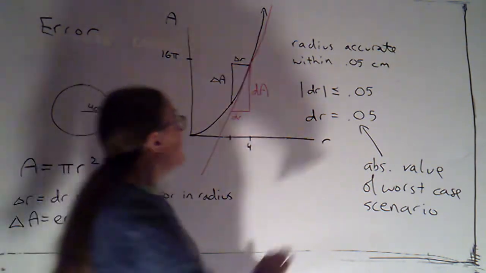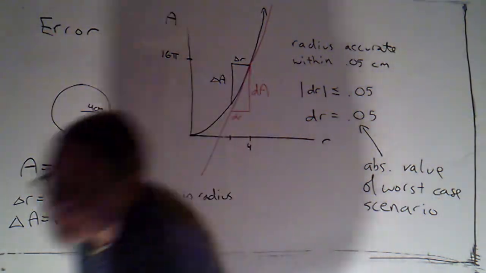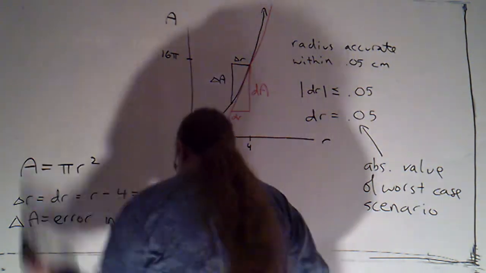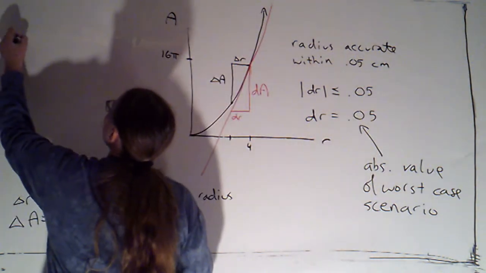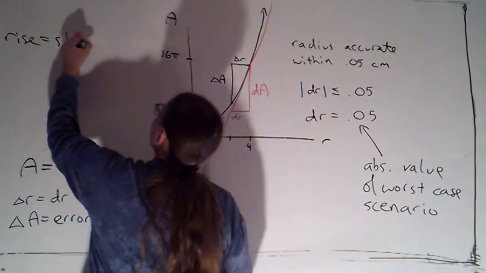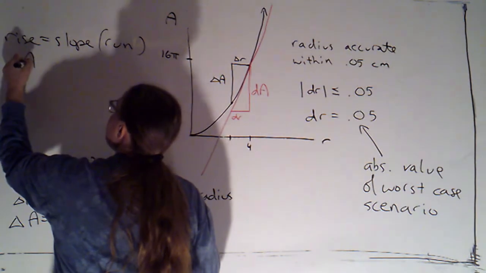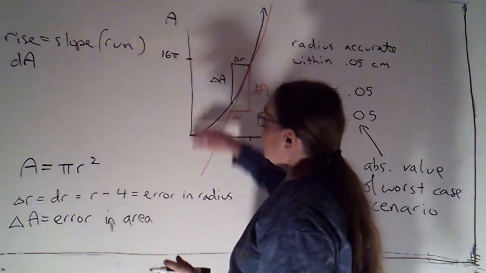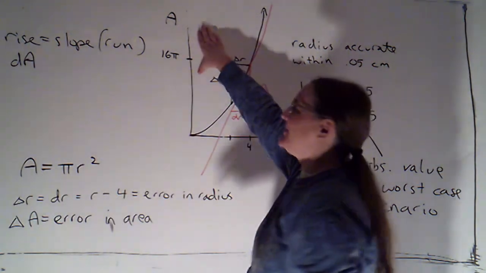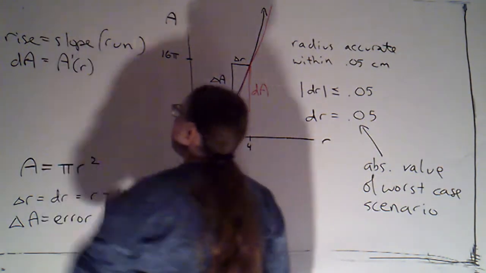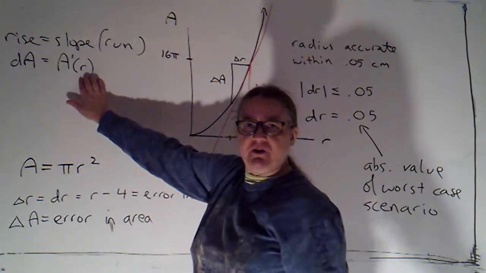Okay, so I know that rise is equal to slope times run. So that's going to mean dA, because I've got A here on the vertical axis, is equal to A prime, and I'm just going to indicate that's going to be a function of r.